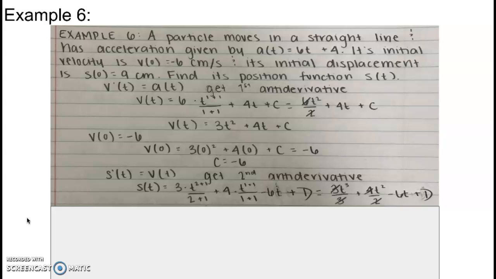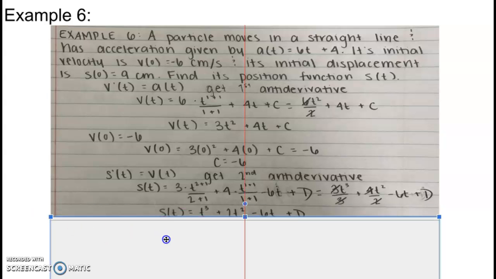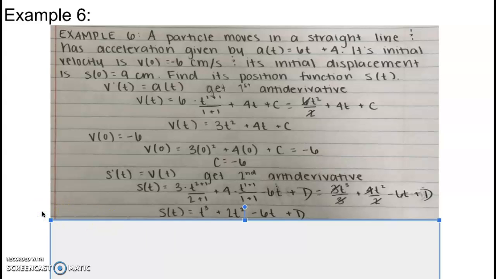We can simplify this by crossing out the 3 over 3 and it leaves t cubed plus, crossing out the 4 over 2, which leaves us with 2t squared, minus 6t plus d gives us s of t.